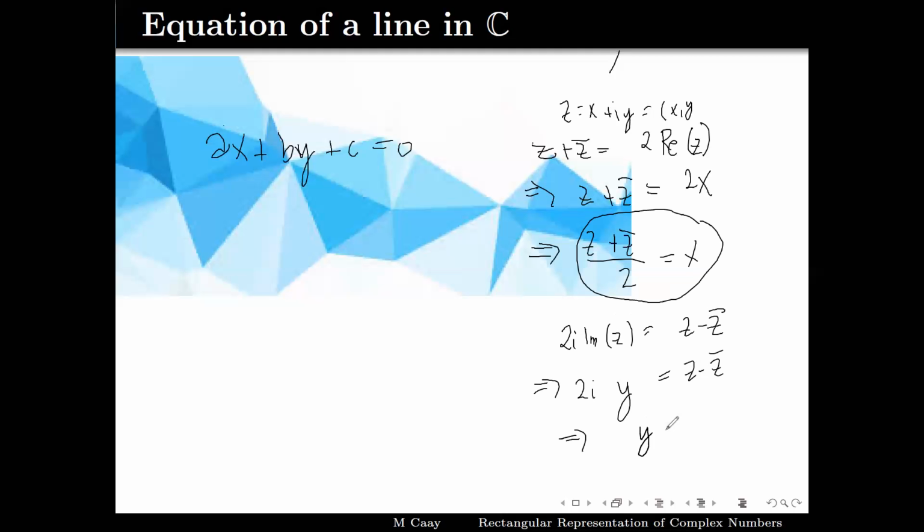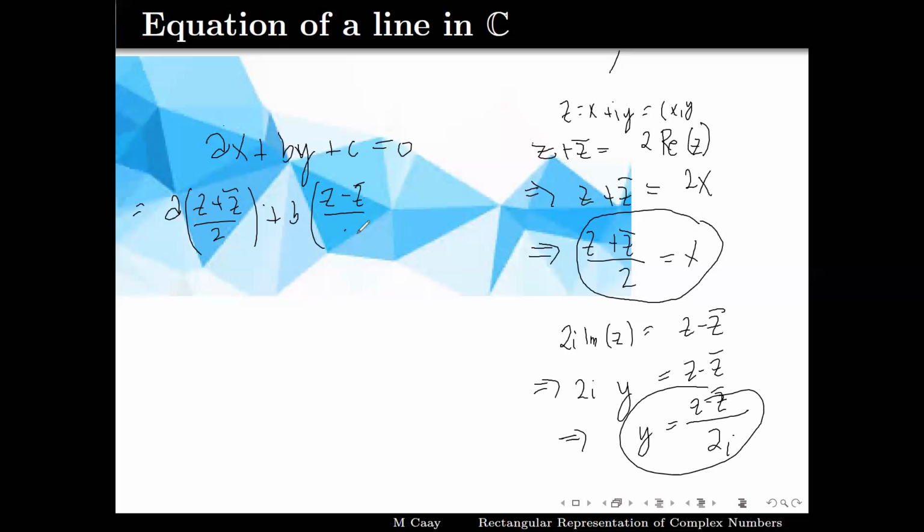Therefore, y is the same as (z minus z bar) over 2i. So I can substitute these two equations here. So I have a times (z plus z bar) over 2, plus b times (z minus z bar) over 2i, plus c equals 0. And of course, at least one of a or b is not 0, so that we can still have the equation for a line. Okay?